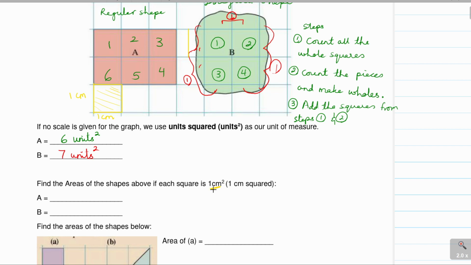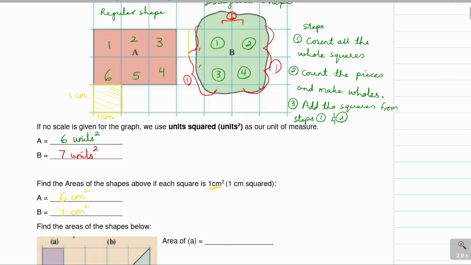Now here, they did tell us the units. Unlike the first part, where we didn't know what the unit was, so we just said units squared. But now we do know what the unit of measurement is. So instead of writing units squared, we would write 6 centimeters squared, 7 centimeters squared.